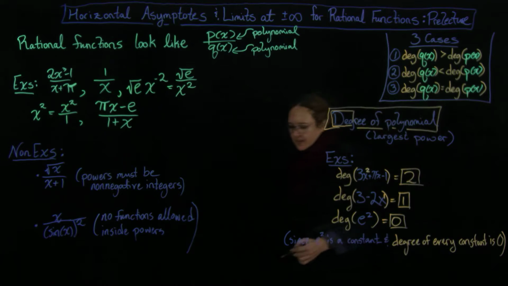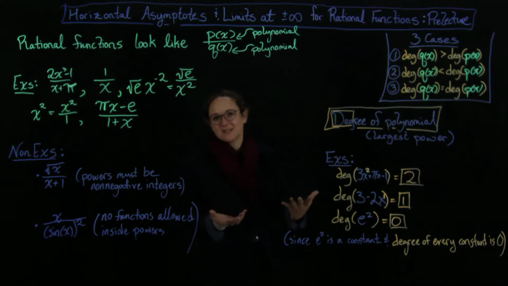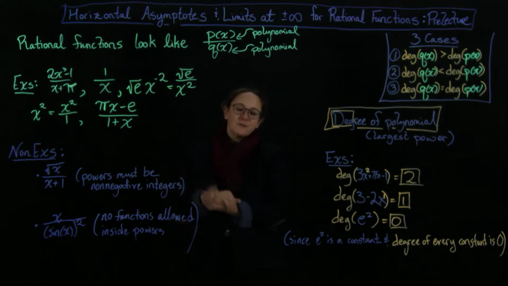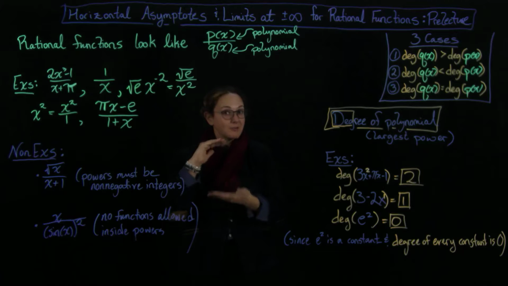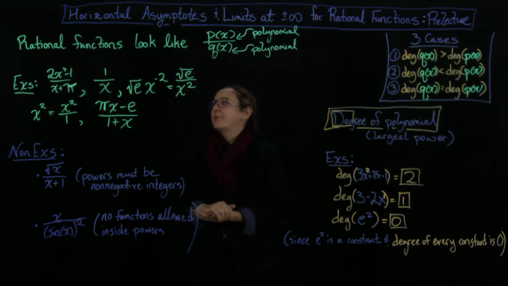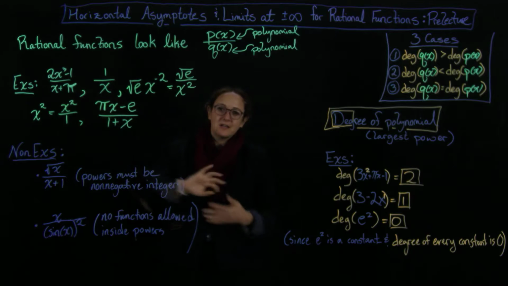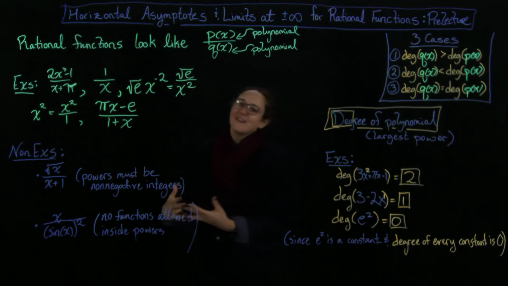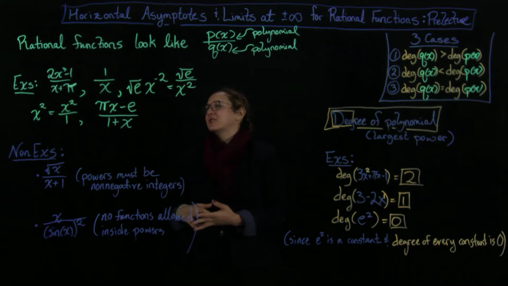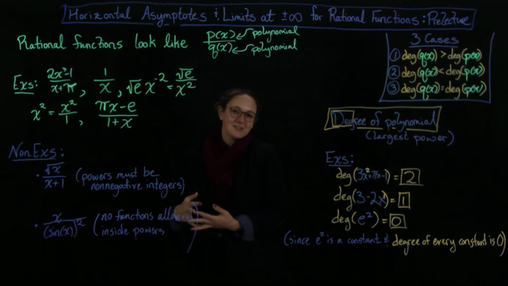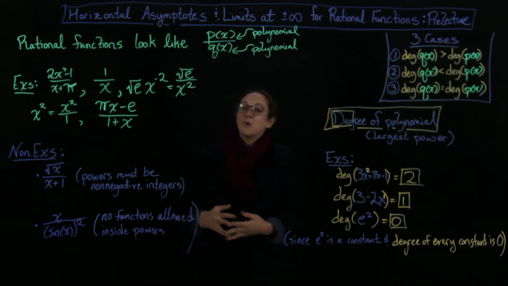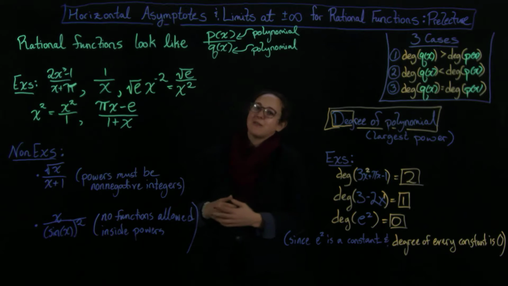Okay, so let's go through some things that we're going to need. A rational function is going to look like a polynomial divided by a polynomial. There can be tricky circumstances, like you are allowed to have very funny coefficients. That's okay. The coefficients don't need to be integers. It's just that the powers need to be non-negative integers, or at least you need to be able to write it so that the powers are non-negative integers.